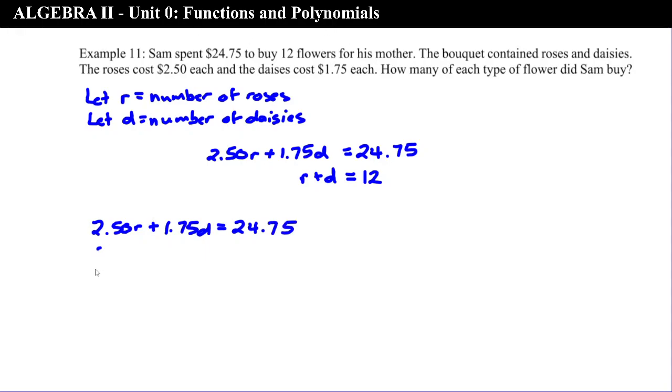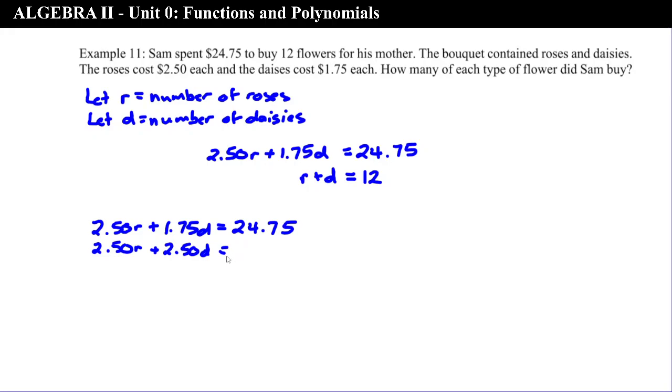All right, so we're going to multiply our second equation by 250. So we have 250R plus 250D, and that's going to equal, so let's see, we've got 12 times 250.